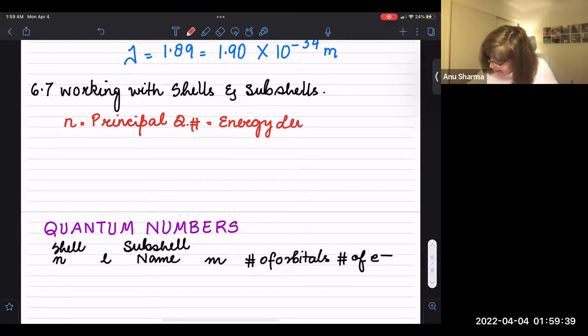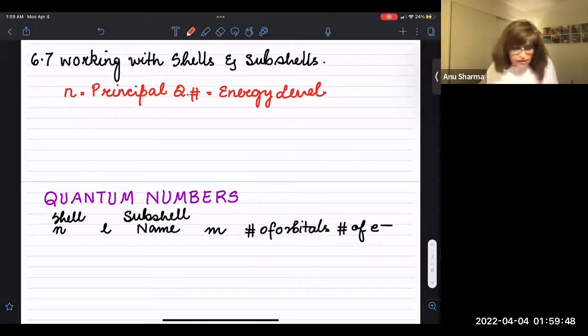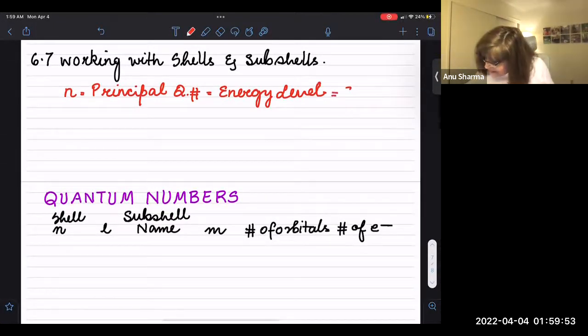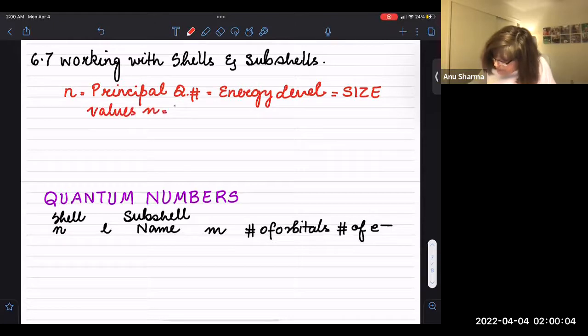So keep this in mind that now we are working on locating the electrons, or giving a placement to the electrons in the energy level outside the nucleus. So n relates to the size and the energy of the shell. And the values of n go from 1, 2, 3, 4, and so forth.